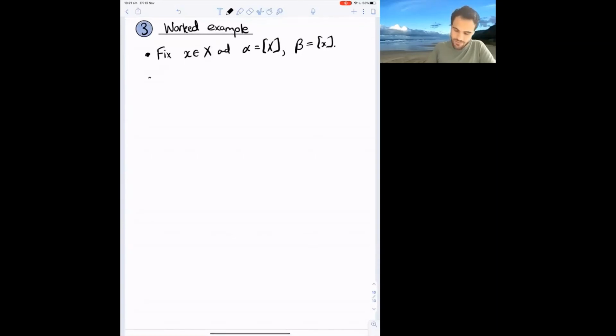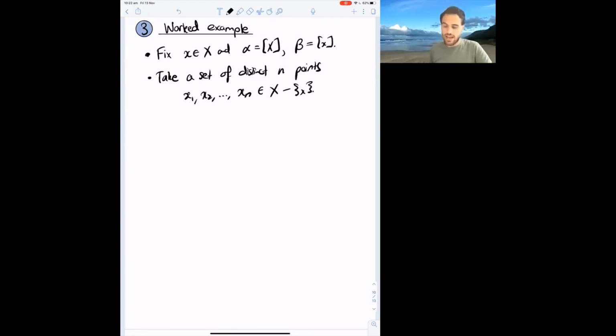And what we do is let's take a set of distinct points, so we'll say n points, x1, x2, all the way up to xn, lying, we don't want to choose x. We can choose anything but x for these points. And once we choose these points, we identify them with the corresponding ideal sheaf I. In the notation that follows, we're going to be sloppy about whether I is a set of points or an ideal sheaf.